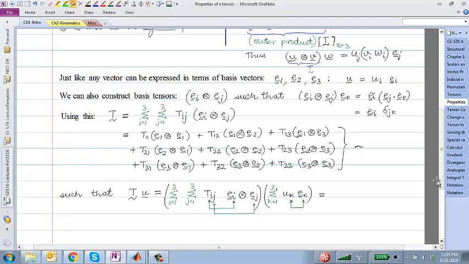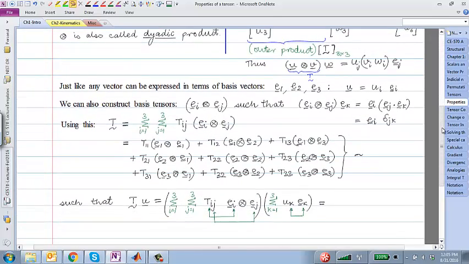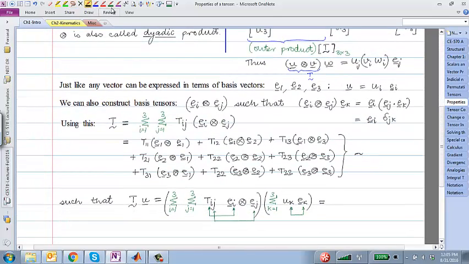So, for example, if I have some basis vectors E1, E2, E3, then I can use those basis vectors to generate a tensor basis.